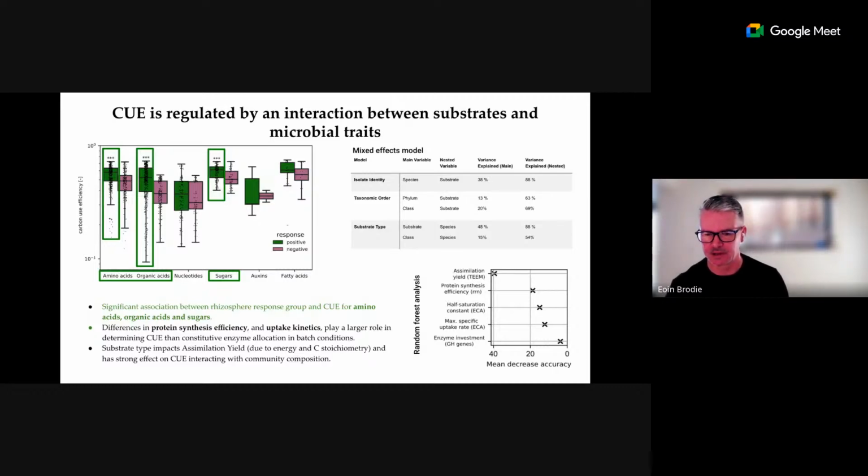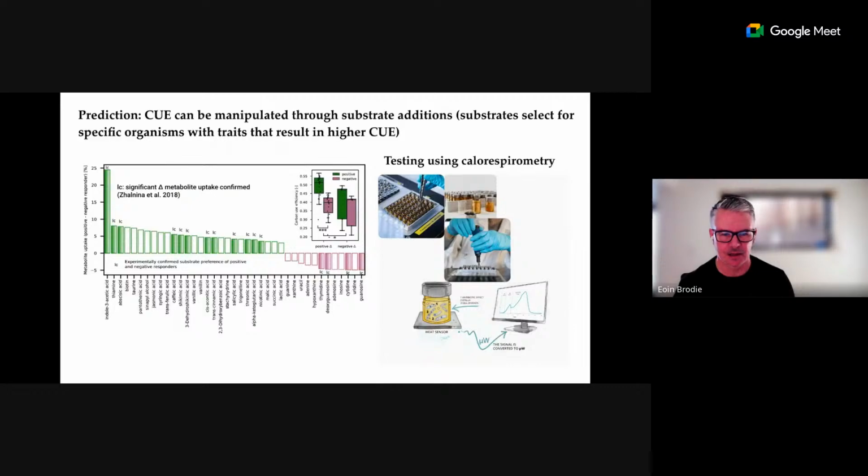But then the traits of the organism itself, its synthesis efficiency, its affinity for those substrates, its uptake rate for those substrates as well. These are all important contributors to the efficiency of that organism. So it's not just the substrate, it's the other traits of that organism that determine their ability to compete in this environment.